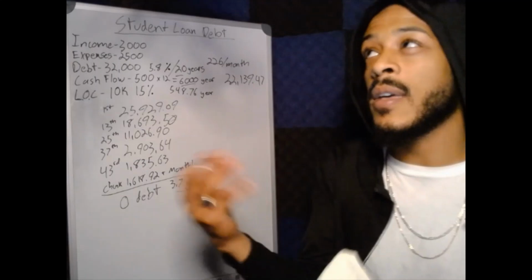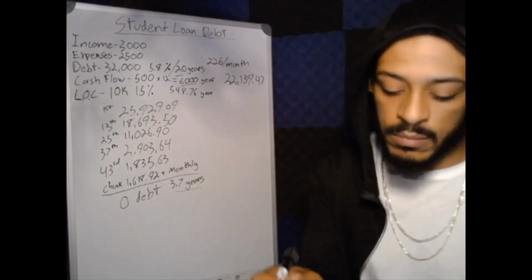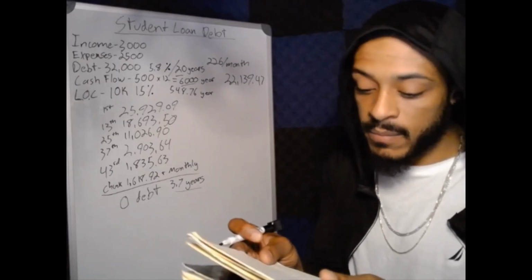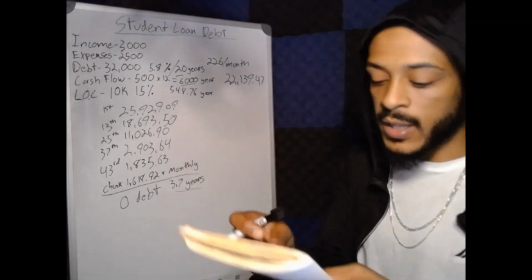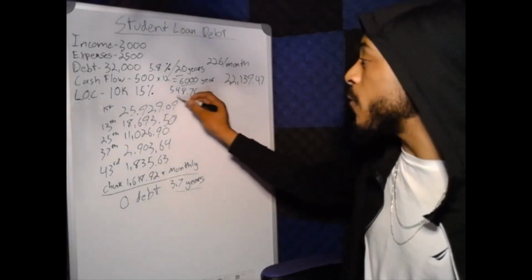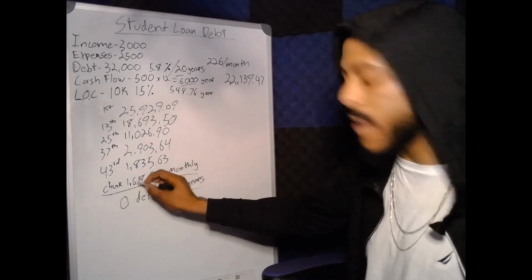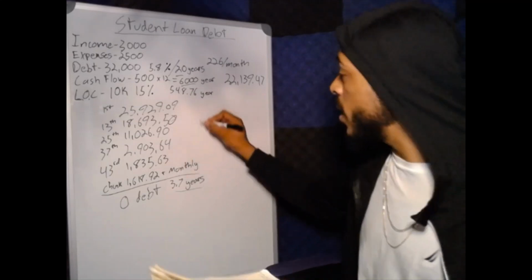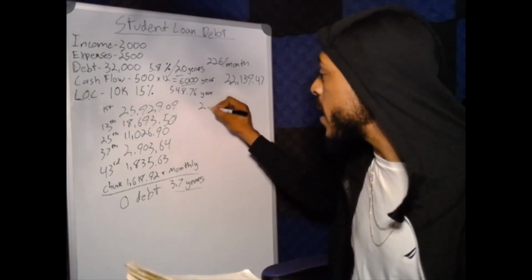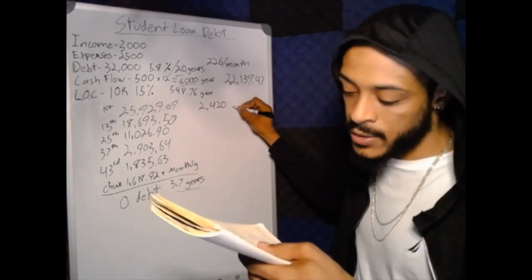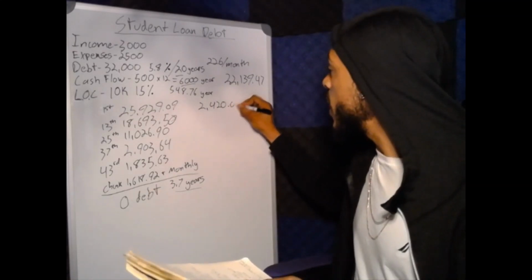I think it would be like $225, I believe. But regardless, altogether, the 4 chunk payments plus this chunk payment altogether comes to $2,420.04.